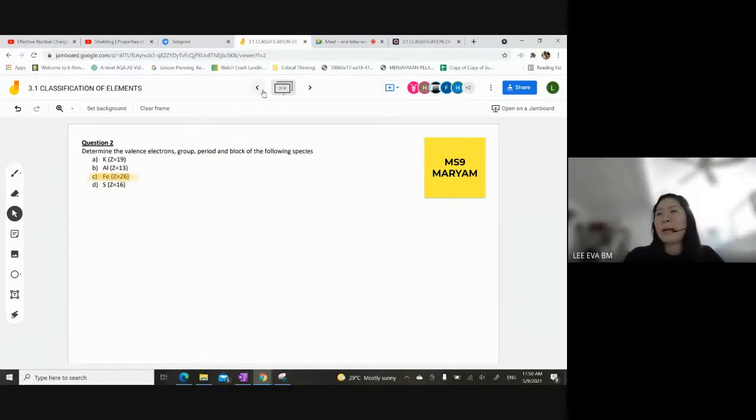Okay, because helium is one of the exceptions. It has already achieved the duplet, which is similar to an octet. Therefore, it is classified in group 18. Group 18, we know all are noble gases, so they have stable electronic configuration. So helium was put into group 18.